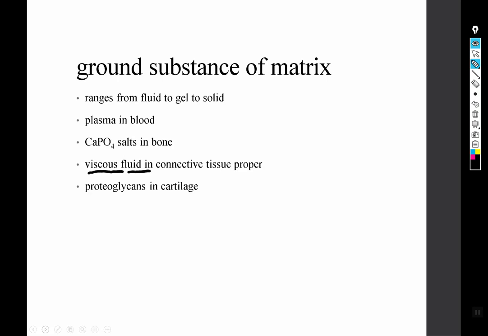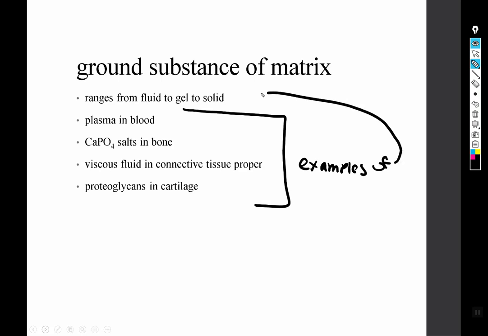So there's extracellular fluid mixed with some other proteins that make it kind of gloppy, and that gives it its properties. And then, of course, as I just mentioned, proteoglycans in cartilage. So these are just examples of the roles that extracellular matrix can play.